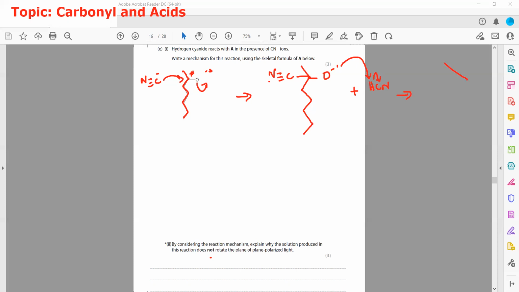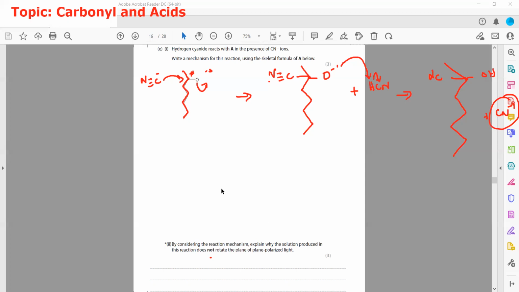There will be 1, 2, 3, 4, 5, 6, 7, and CN is attached, and OH is there, because the hydrogen is taken, and it produces a CN ion. And then this will further react with another molecule, which results in the formation of another nucleophilic addition reaction.